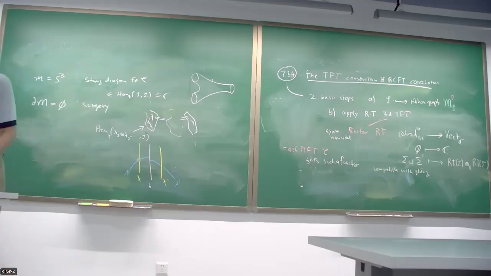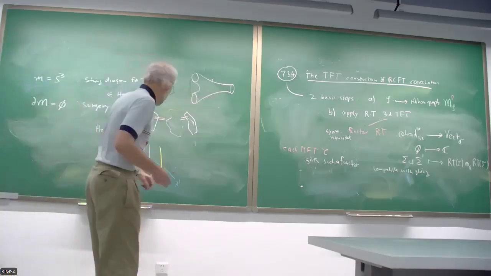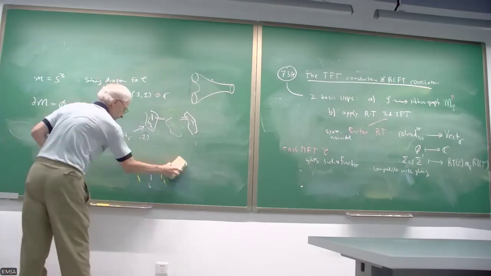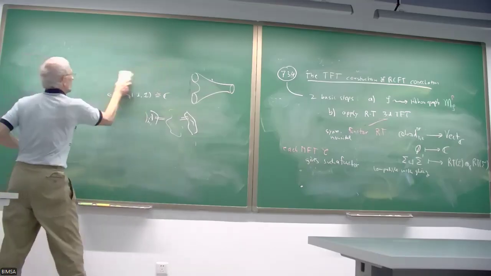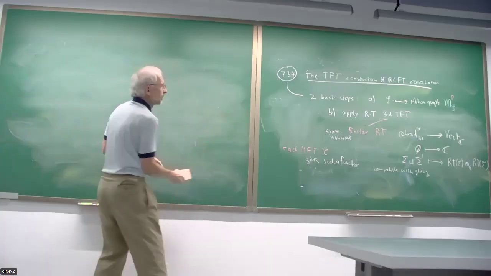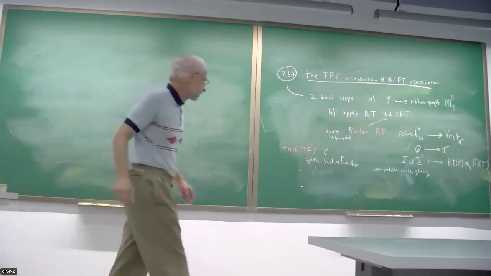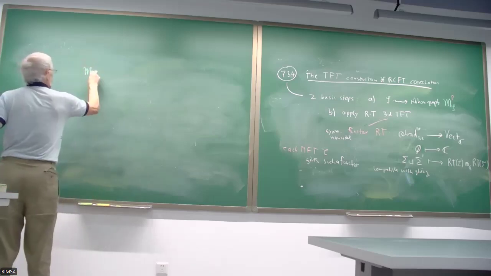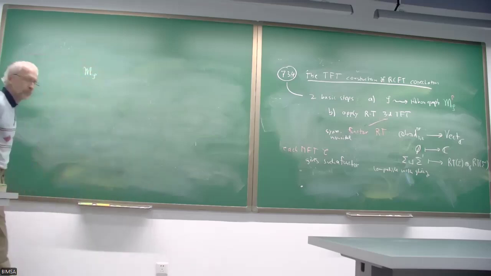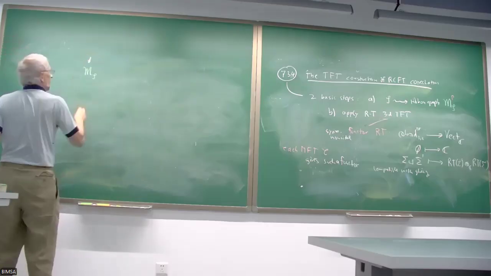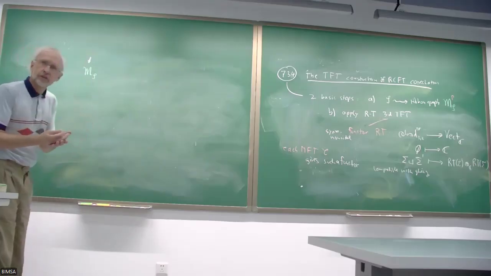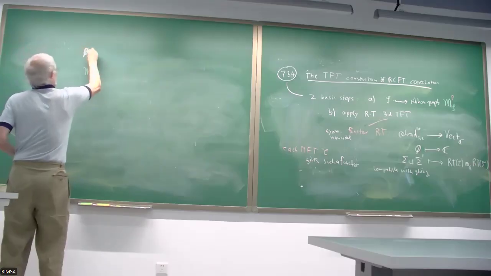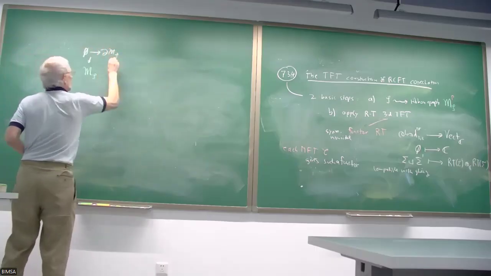Remember in the first step, which I have not shown yet, we construct some three-manifold with embedded ribbon graph, which is determined by the worldsheet, and we think of this now not just as a three-manifold, but as a cobordism from the empty set to the boundary.